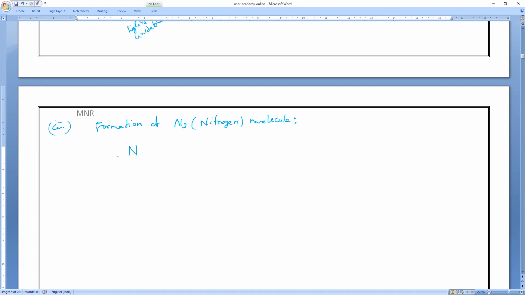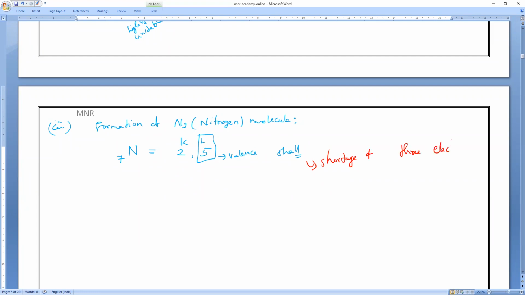Nitrogen's atomic number is 7, so the configuration is 2, 5, in the K and L shells. What is the valence shell? 5. So how many electrons does it need to become stable? It is short of 3 electrons.